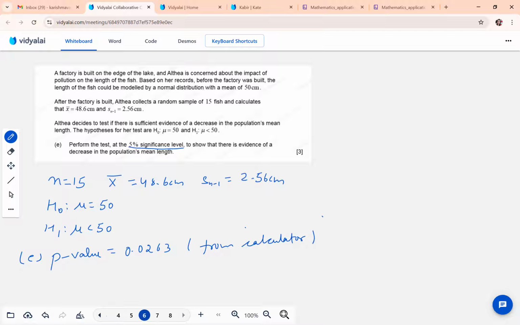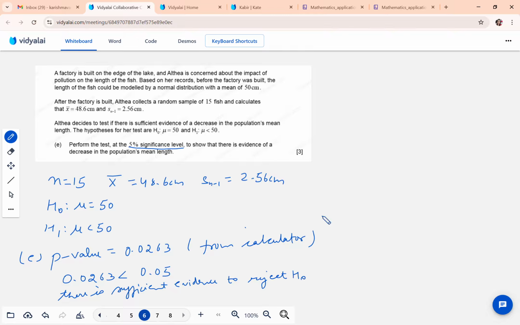Okay, then here now we will compare it with the 5%, that is 0.05. So 0.0263 is less than 0.05, so there is sufficient evidence to reject H naught.